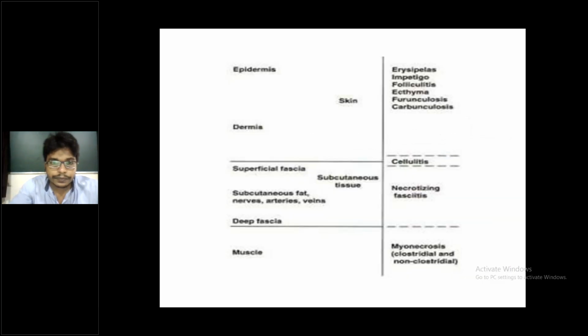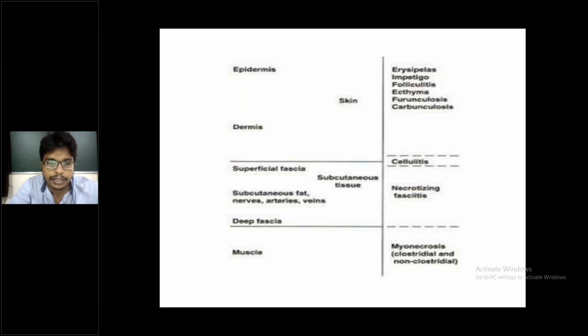See this one, cellulitis. This figure is important; you will come across it in many places. The epidermis involved ones are erysipelas, impetigo, folliculitis, ecthyma. Out of all these, your important questions are cellulitis and necrotizing fasciitis. These are extra important than anything.